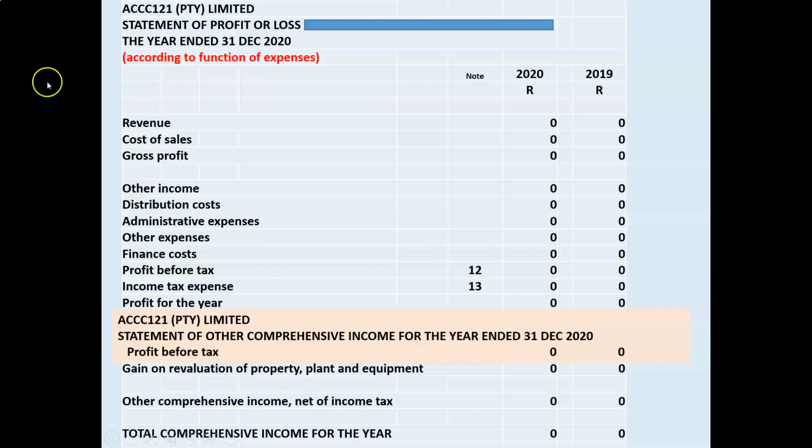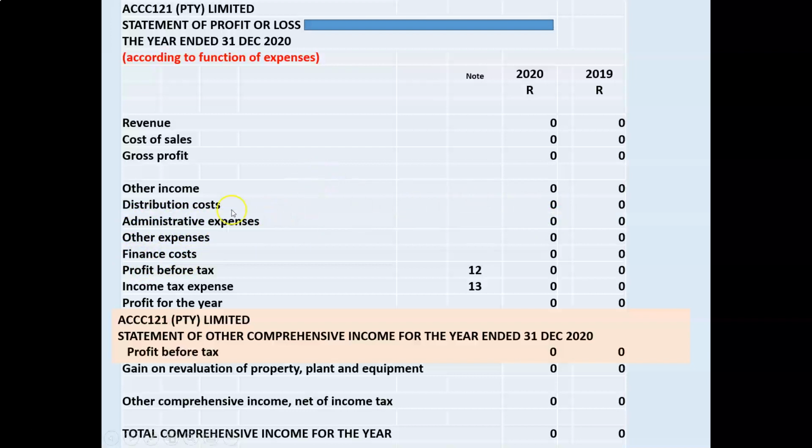Then it doesn't make sense to distinguish when you do your expenses between distribution costs, admin costs, and other operating expenses. If salary wages makes up 50% of your total expenses, I would like to see a line item here, salary expenses with the amount. Depreciation expenses, if that makes up 30% of your total expenses, I would like to see a line item, depreciation, and then maybe other operating expenses and finance costs.